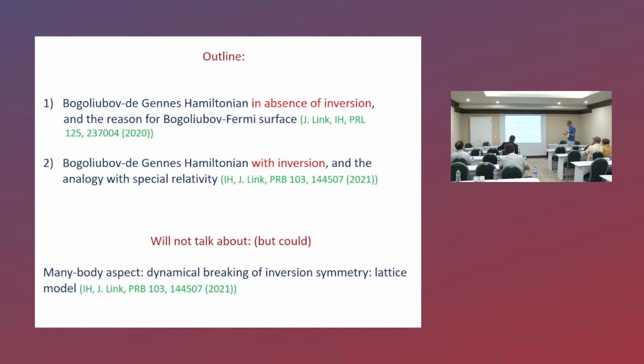I will not talk about, but I could, the interesting many-body aspect of this problem, which is basically that in the case of inversion, residual interactions break inversion spontaneously at much lower temperatures, so you can kind of remove it out of the problem. That would be a much longer subject, and I won't have time to talk about that. If somebody's interested in that, we can talk about it later.